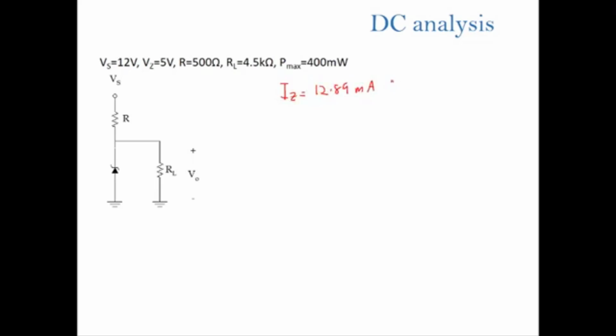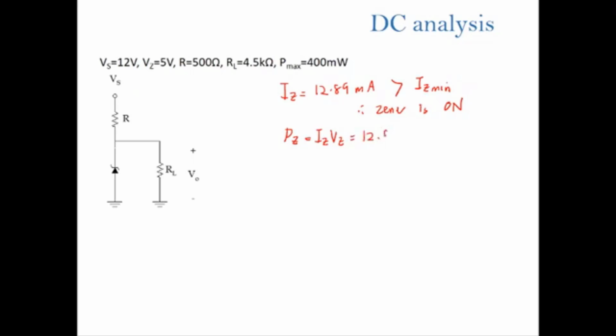This is much higher than Iz min. This means that the Zener is on. And then we can calculate the power of the Zener diode. The power is P equal to Iz times Vz.